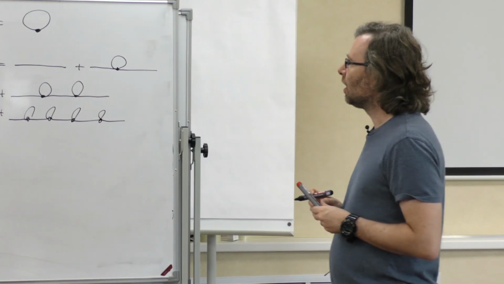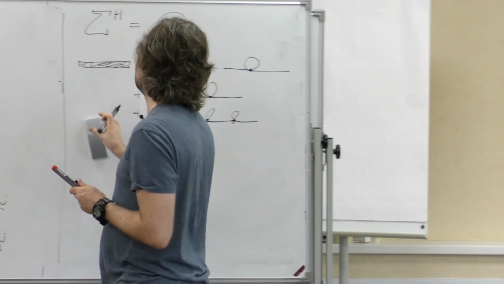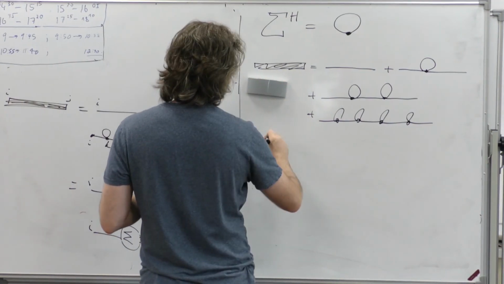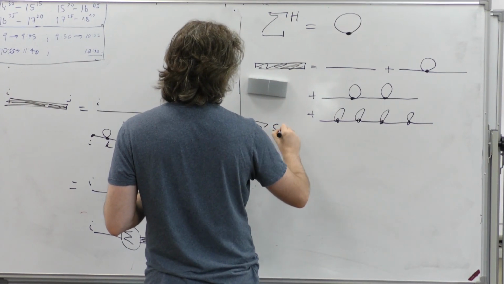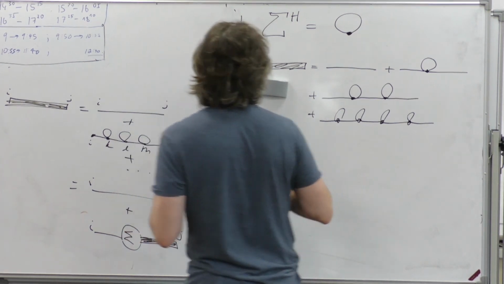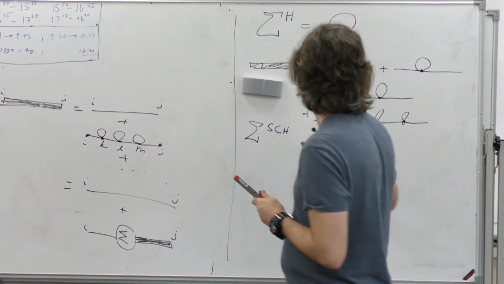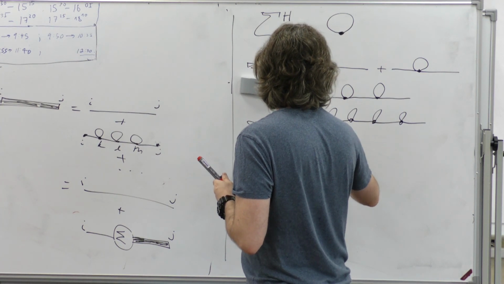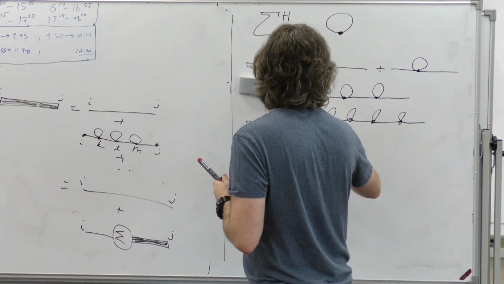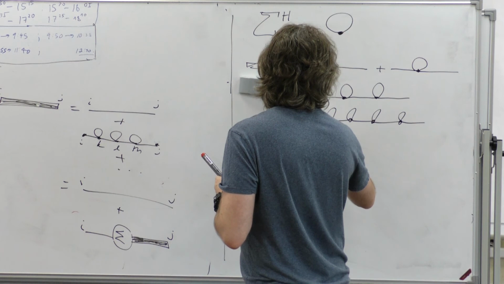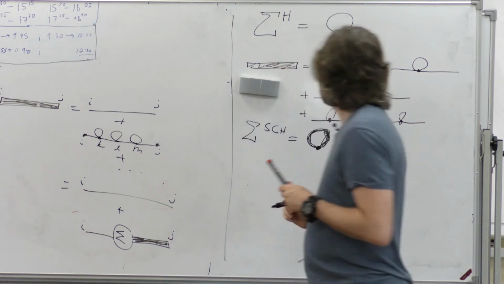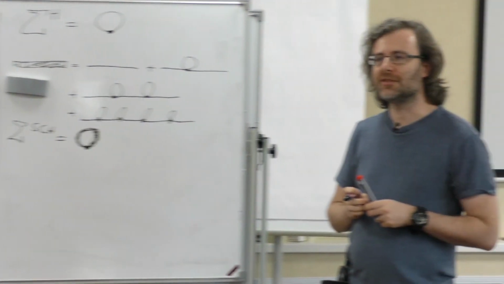Okay, now I can do a little bit better than that. I can do sigma for self-consistent Hartree. And that's going to be this. So what's the difference here?